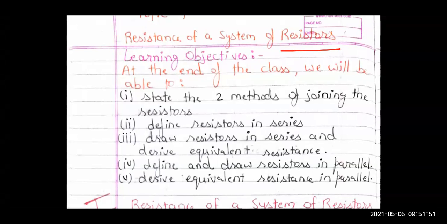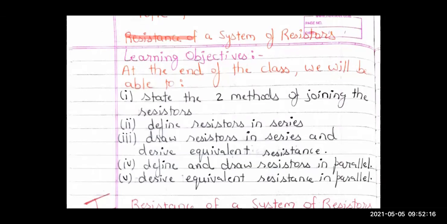Resistors can be conductors, they can be insulators, or they can be mixture of two metals, that is alloy. Resistance, what is resistance? Resistance is a property to oppose the flow of current through any object, right? And the SI unit of resistance is ohm.